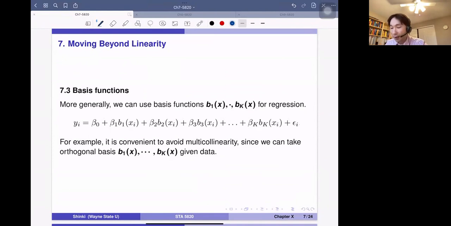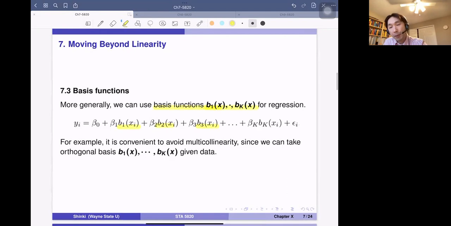If we generalize the idea, we can define any function of x, b1, b2, b3, any function, maybe some step functions, or maybe a sine curve, or a sine curve with higher frequency, or a polynomial, any curve you can define. So in general, if we have these basis functions, B1 to Bk, then you can fit this model. So basis functions should be given in advance.